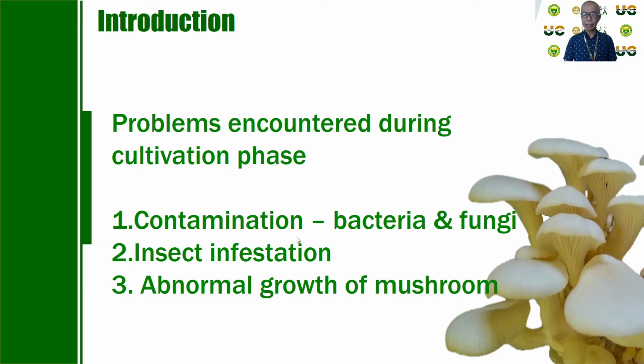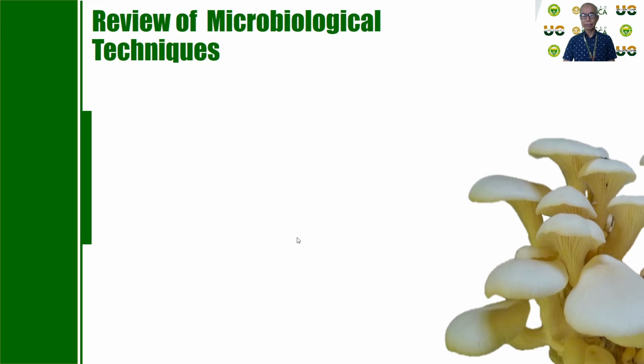Similar to other crop production, mushroom production is not always a smooth process. Several problems may be encountered during cultivation phases, such as microbial contamination by bacteria and fungi, insect infestation, and abnormal growth of the fruiting bodies.